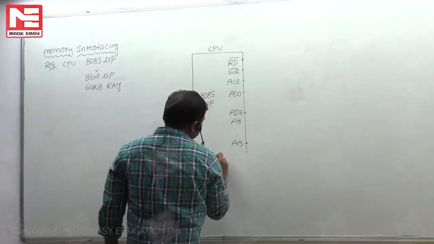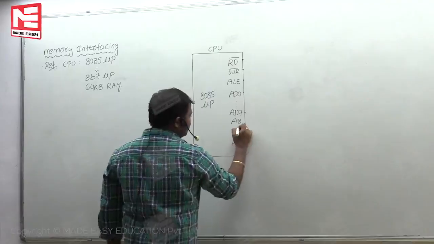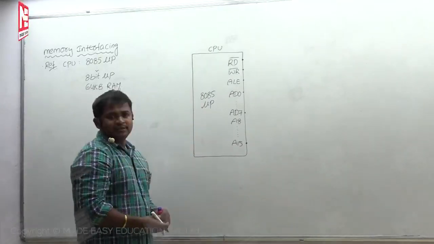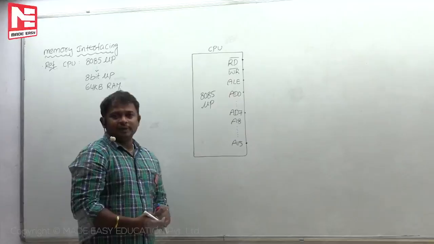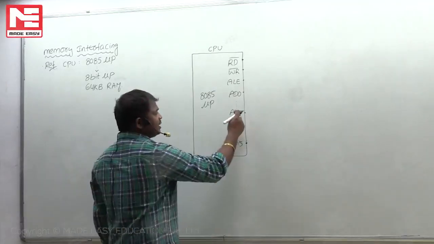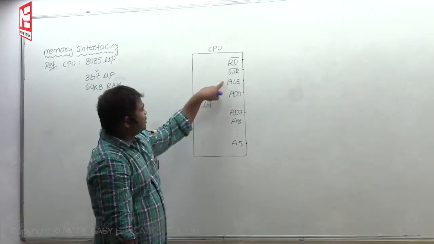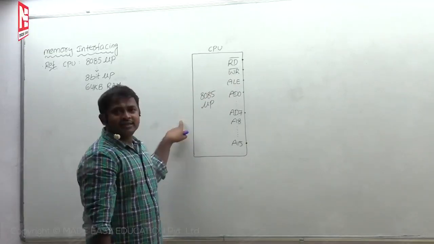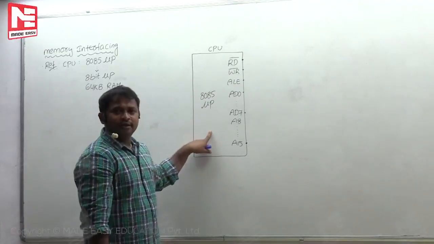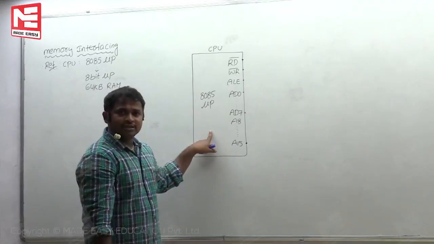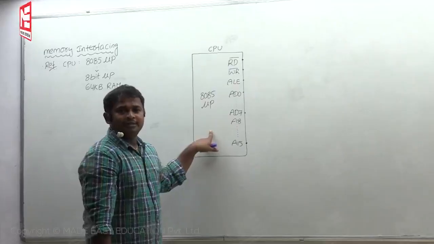These are the pins required for memory interfacing: control pins, address pins, data pins. It is an 8-bit microprocessor, so the 8 data pins are time multiplexed with the address pins. Apart from these, some other pins are present in the 8085 body. We don't want those pins right now because we are only discussing memory interfacing.